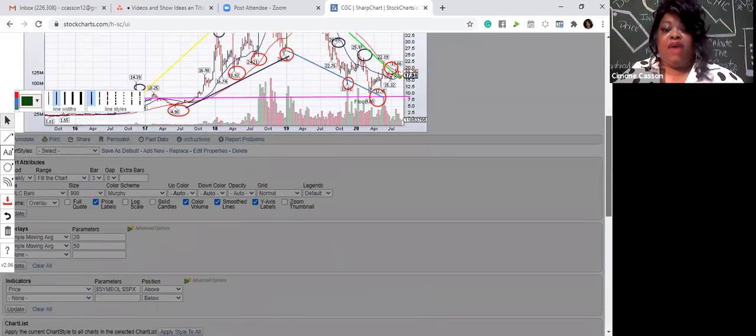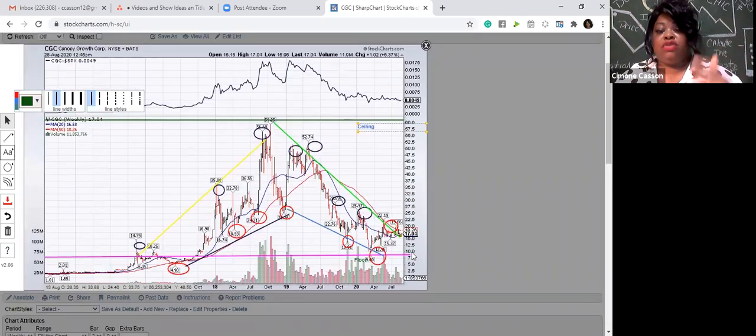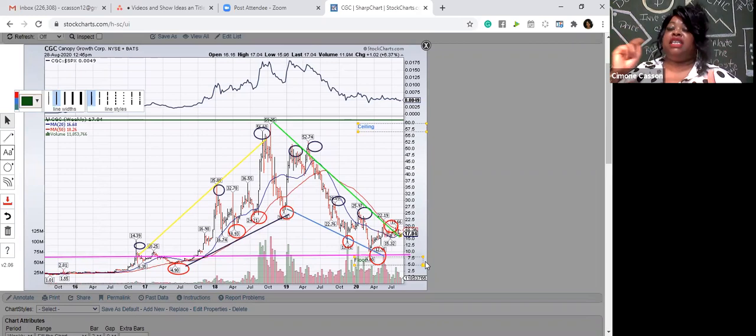With that being said, now I'm clear about where the trends are. Remember, if the 20 day is crossing under the 50 day, meaning that it's less than the 50 day, then it's still on a downward climb. And if it is over the 50 day, then that means that it's on an upward climb. So you just have to decide where you're going to be.